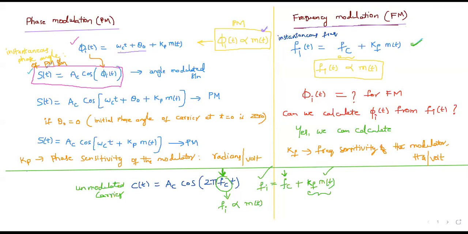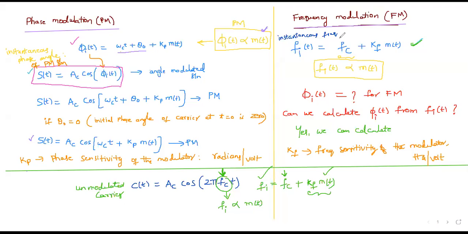This is a general template for an angle modulated signal, wherein I have Ac cos of phi i of t. Since I have directly defined phi i of t for phase modulation, I can substitute that, and finally come up with this expression: s of t equals Ac cos of omega c t plus kp m of t.